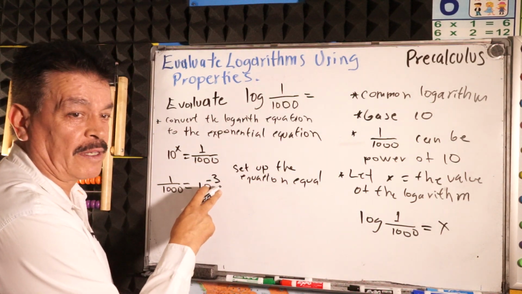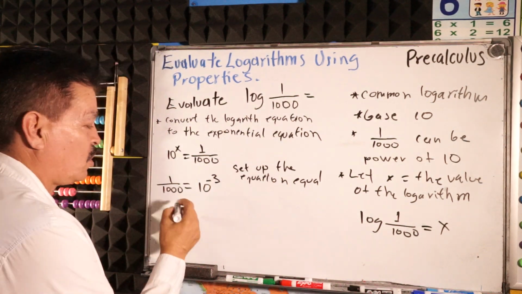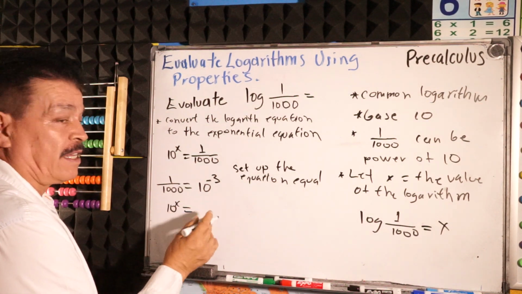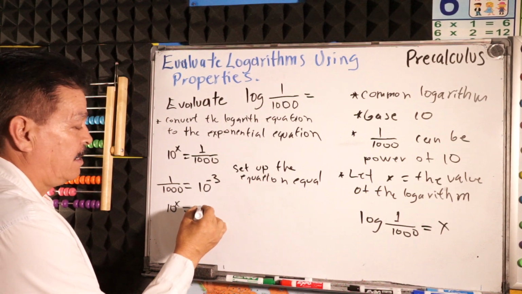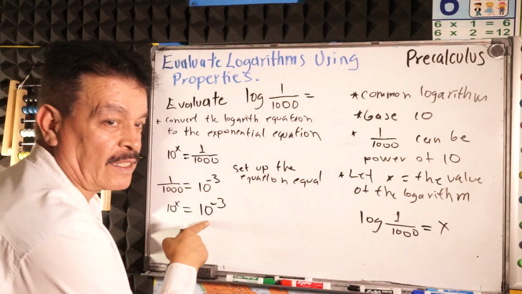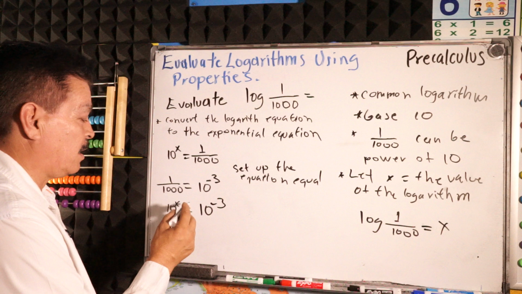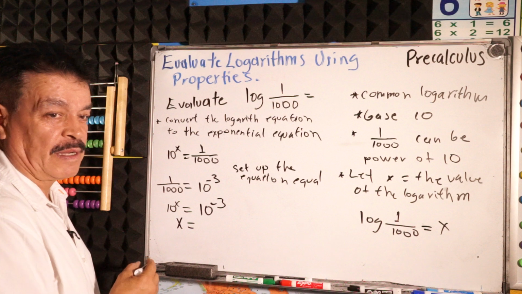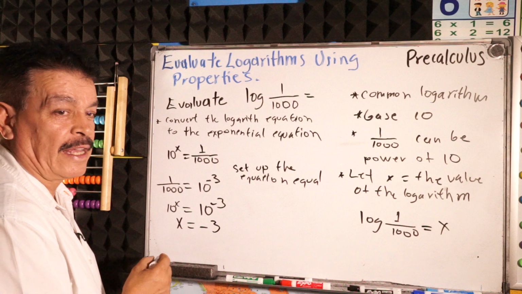So next step, write 10 to the x power equals 10 to the negative 3. Now it's easy to find the answer. Simplify, and this variable x will be equal to negative 3. So x is negative 3.